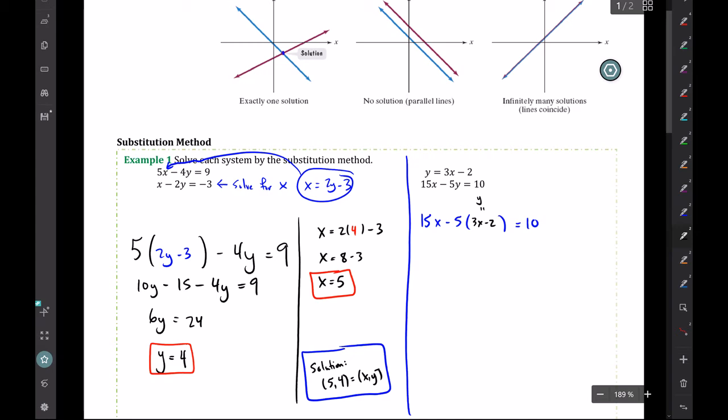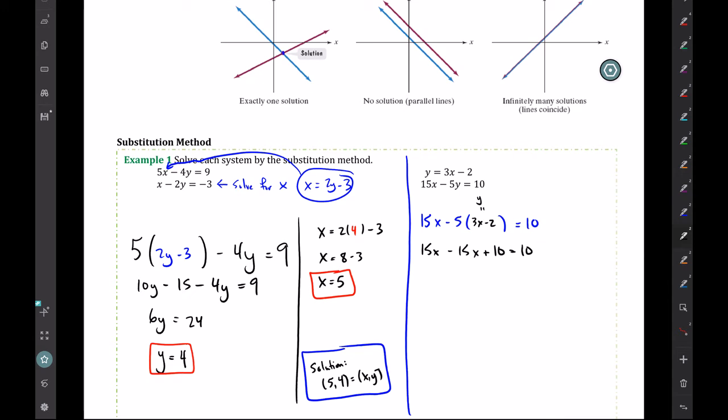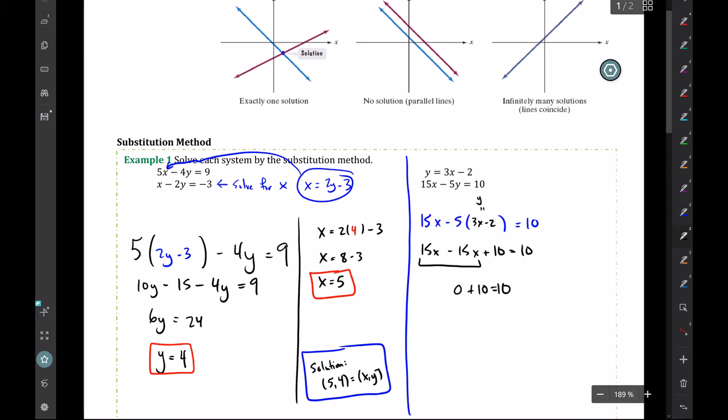Now I distribute the negative 5, so I get 15x minus 15x plus 10 equals 10. If I group like terms, the x terms cancel and I get 0 plus 10 equals 10, or just 10 equals 10, and so that's always true.